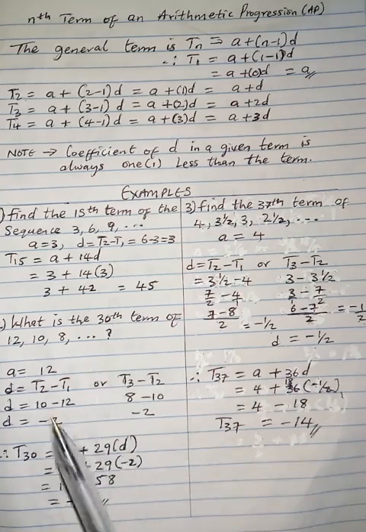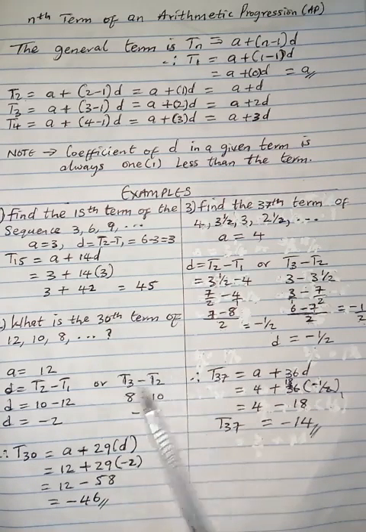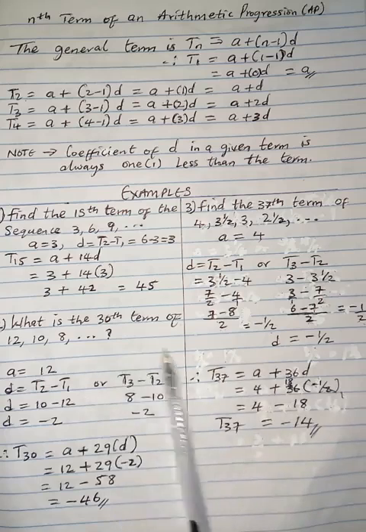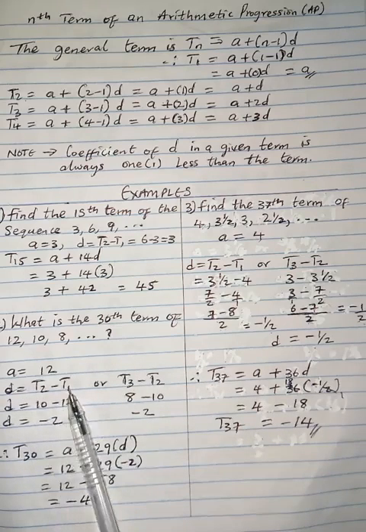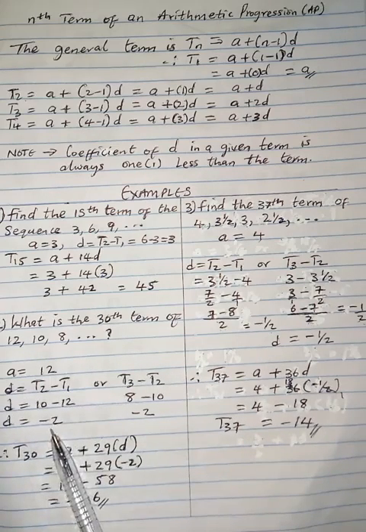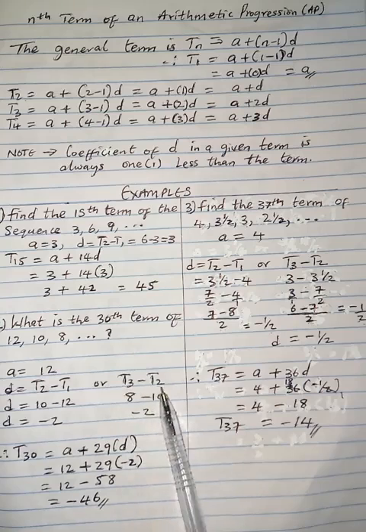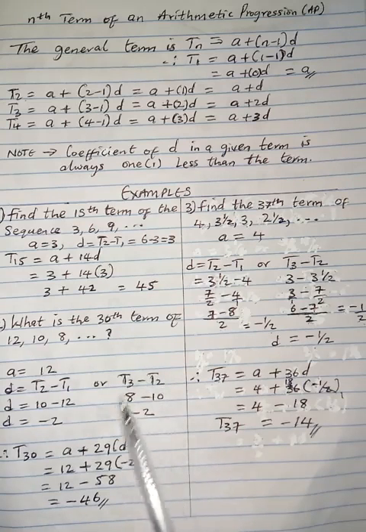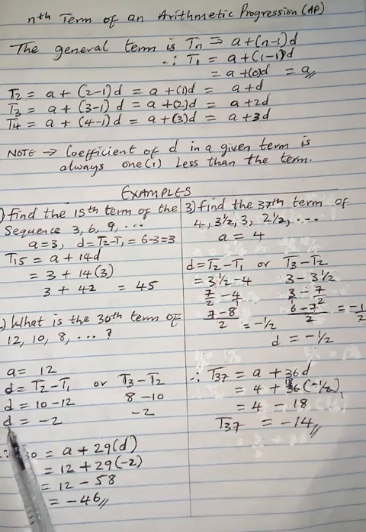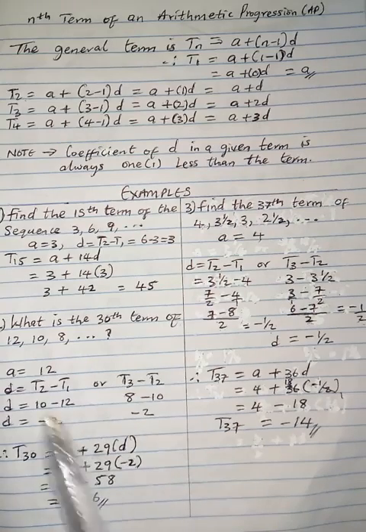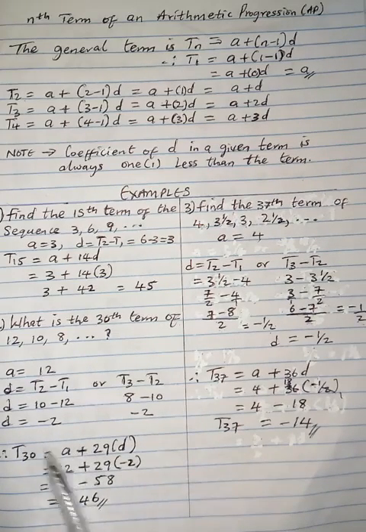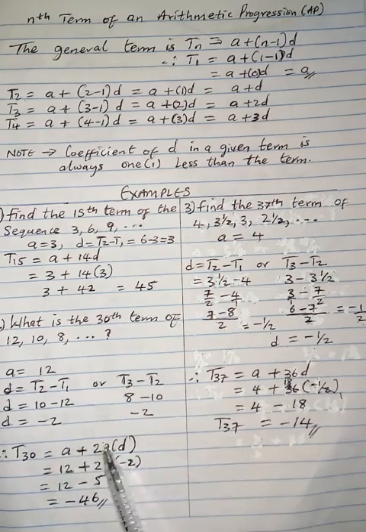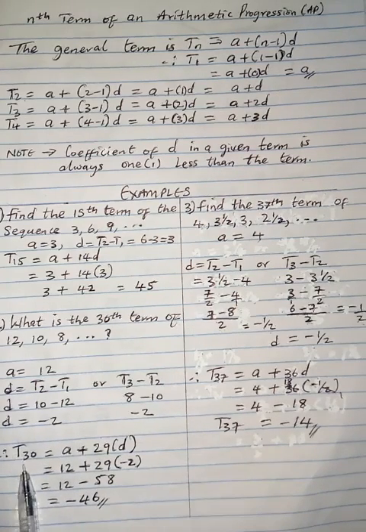Because sometimes in a GP you can work on the second term minus the first term and get a particular number, but when you do it on the third term and second term, it will not give you the same number. So the difference there will not be common. That means you will be dealing with a GP, so you try to work on the ratio, which we will do in the subsequent tutorial under GP.